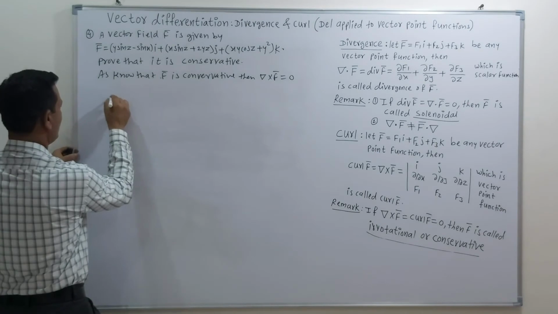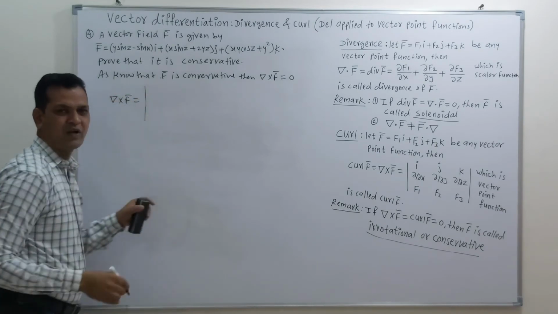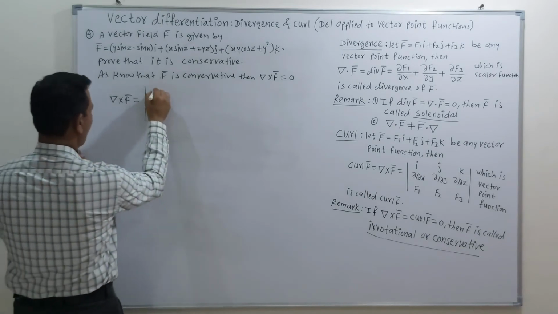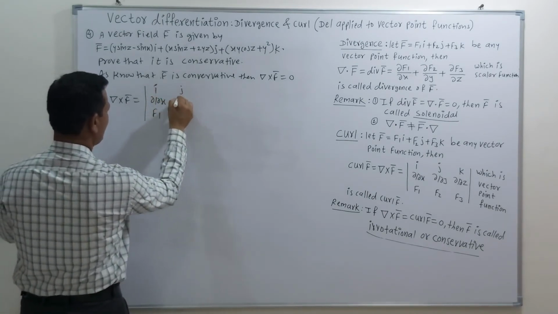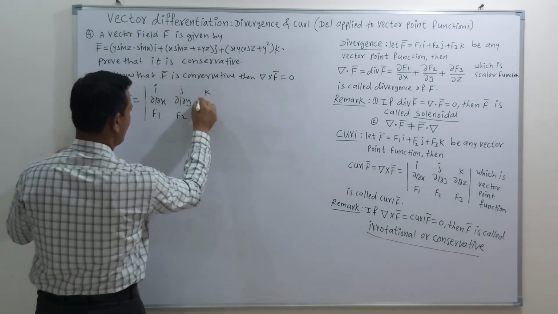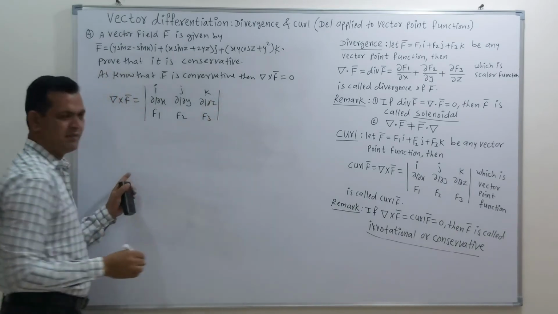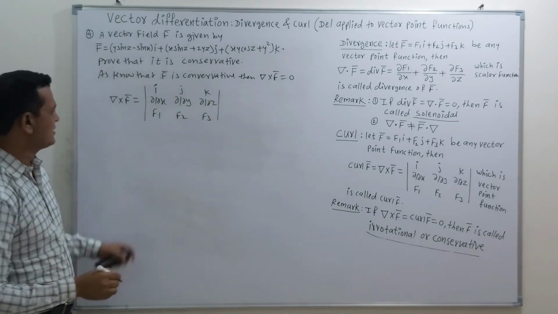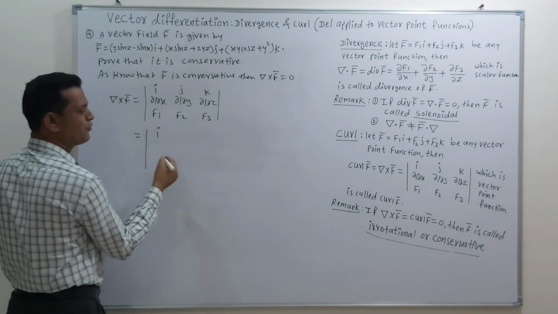So now we can write this as del cross f bar, which is also called the curl of f bar, and its definition is i times partial derivative with respect to x of f1, then j times partial derivative with respect to y of f2, k times partial derivative with respect to z of f3. So now our aim is to show that this determinant is equal to 0. Now let's put the values of f1, f2 and f3.